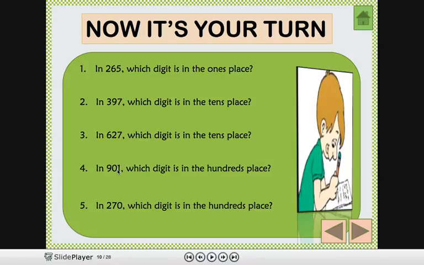We start at the ones place, move to the tens place, and then the hundreds place. Our hundreds place would be 9. In the number 270, for the digit in the hundreds place, we start at the ones, move to the tens, and then move to the hundreds, which would be a 2.